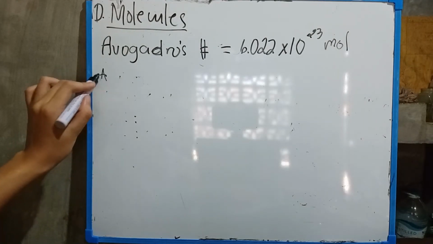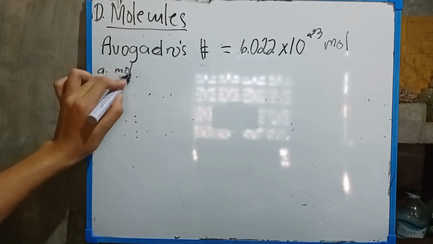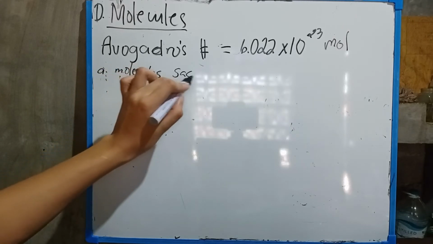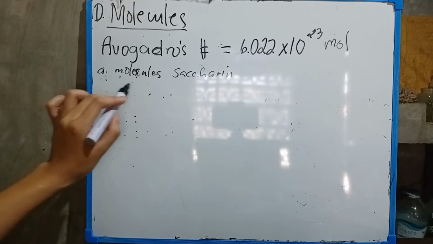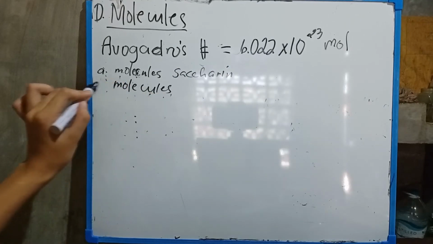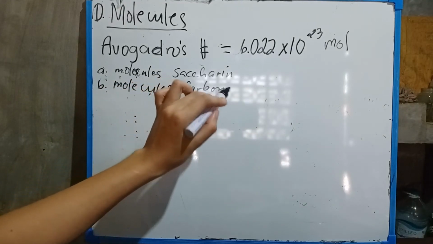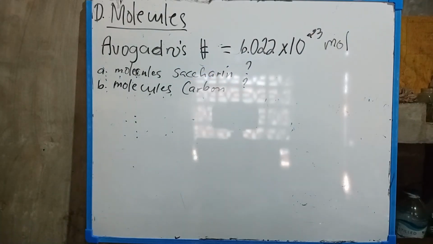We will get two things here: the molecules of saccharin and also the number of molecules of carbon. So the molecules of saccharin and the molecules of carbon that is present in the compound.